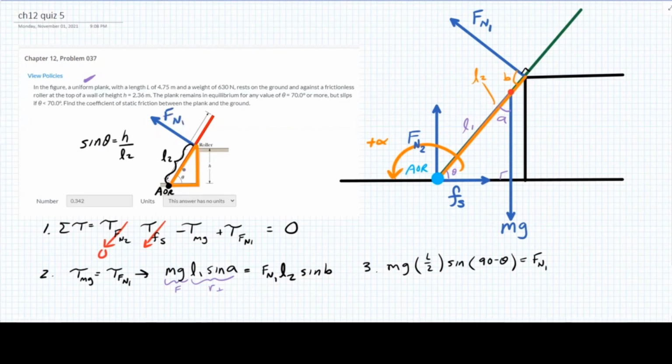So sine of theta equals side opposite over hypotenuse, and L2 equals H over sine theta.